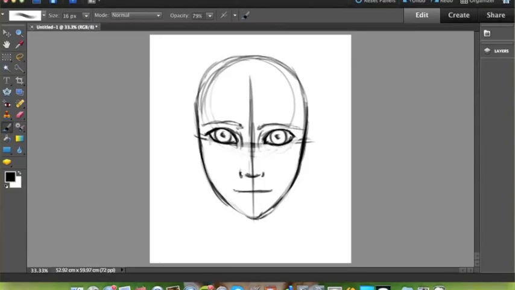I like drawing big lips, so lips will be about there. And then you've got the little bit underneath your nose there, which will lead up to either side of your nostril. You can make the chin a bit rounder, like that.